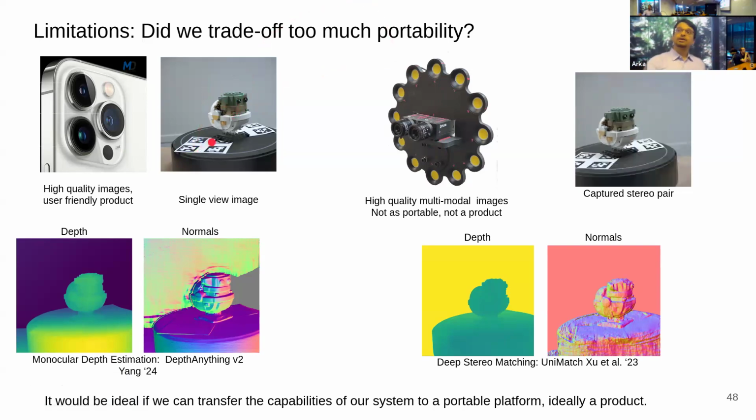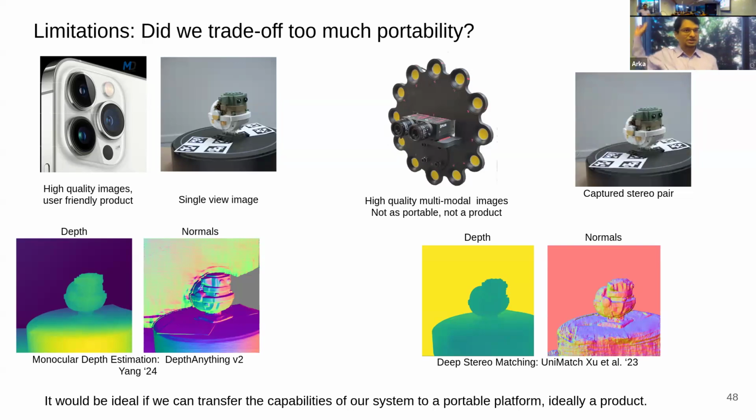Currently, we have very high quality, very powerful monocular depth estimators, which give us depth and normals, which almost always beat stereo match depth in quality. So it would be great if we can transfer the capabilities of our system into a portable platform and make it like a product, and that would make it truly portable. That would truly give us the best of both worlds. So Oliver, I think this was an answer to the question you asked in the beginning of the talk.